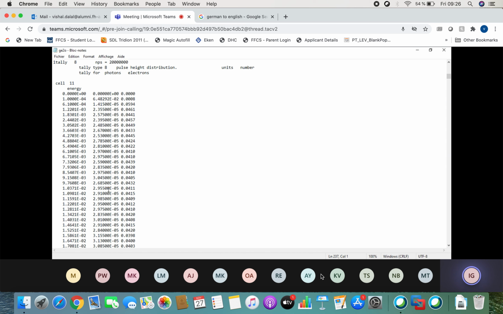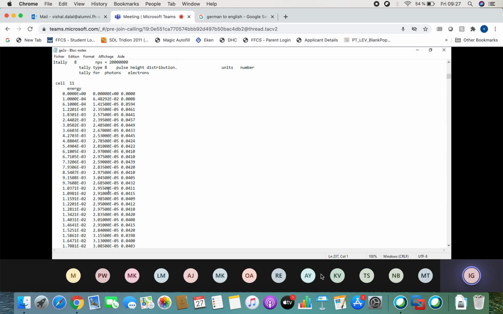So it's 10 to the minus 6, for instance, for the first bin, it's 6.42 and something, 10 to the minus 2, for one launched particle. So it's normalized to one launched particle.